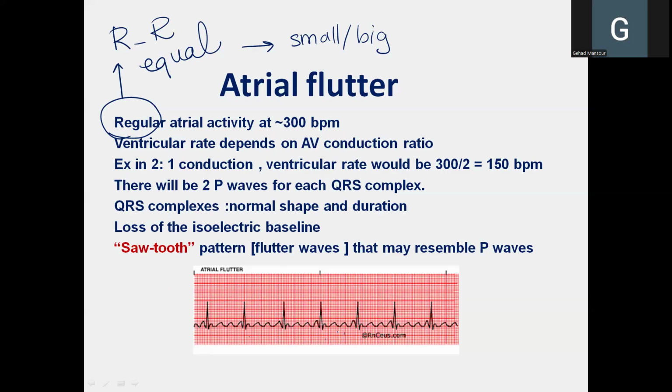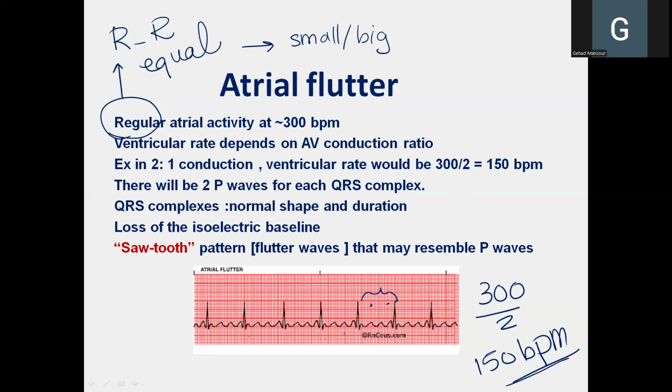And then you will calculate the rate. And usually that rate that we calculate, like here, for example, 300 divided by 2 big squares gives you 150 beats per minute. That rate that we calculate is usually the ventricular rate.